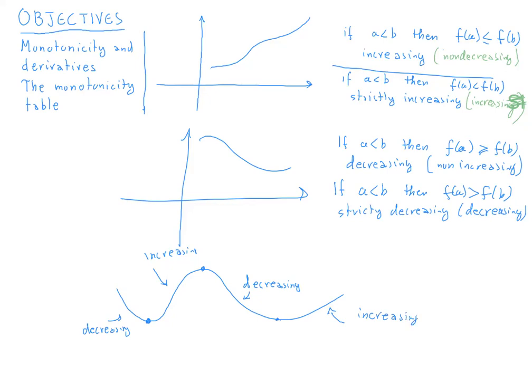And notice that every time it changes from increasing to decreasing or vice versa, we have a local extremum. Okay, so this is a local minimum. So when it changes from decreasing to increasing, we have a local minimum. When it changes from increasing to decreasing, we have a local maximum.